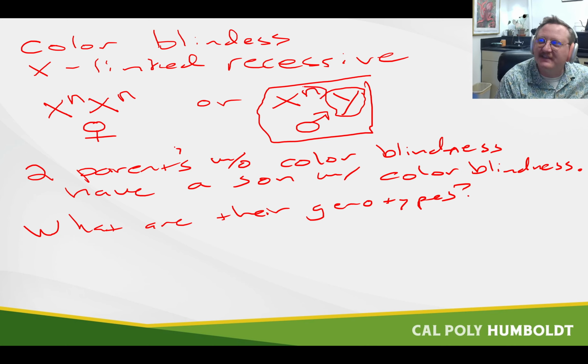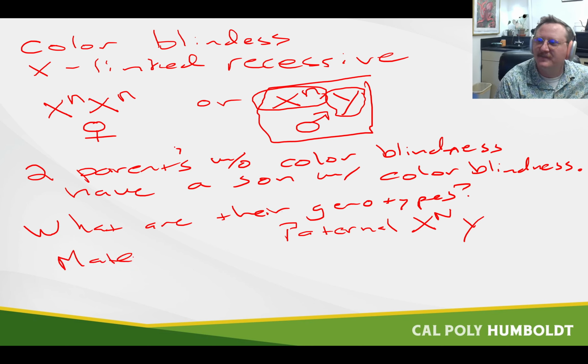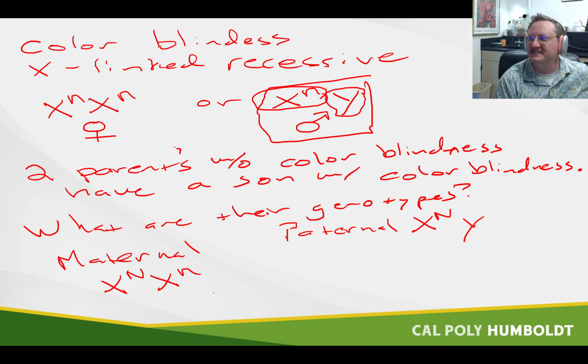So that means that he received this recessive allele from the maternal chromosome. So the paternal one's easy. Paternal, normal, not colorblind, must have this. Maternal side, normal vision, so she must have one copy of the dominant allele, but she passed on a recessive allele.